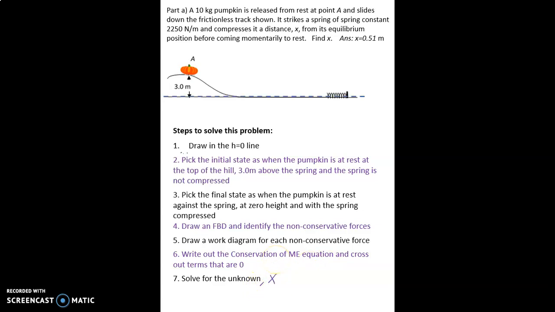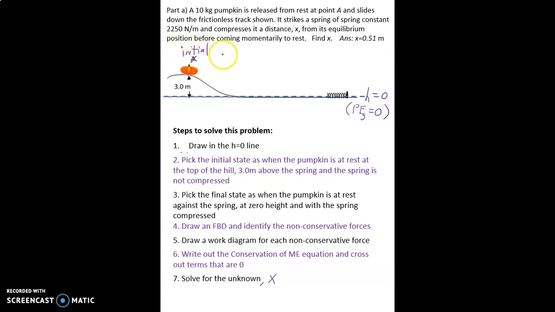Alright, let's go ahead and start these steps. So we've got our h equals 0 line drawn in, that dashed line right there. I'll label it h equals 0, and the other way to label it is to say that gravitational potential energy is equal to 0. Now we can label our states up here. This is initial.